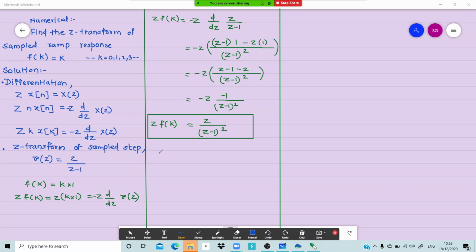So in short, I'll write the 7th one, that is inverse of Z transform.